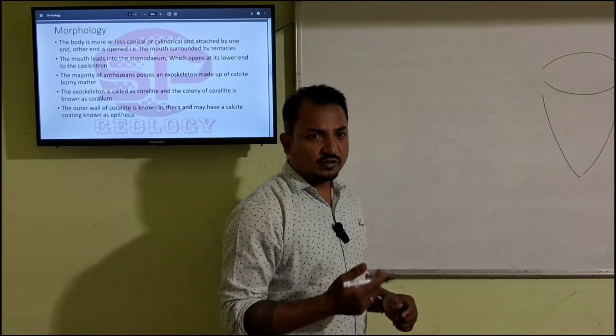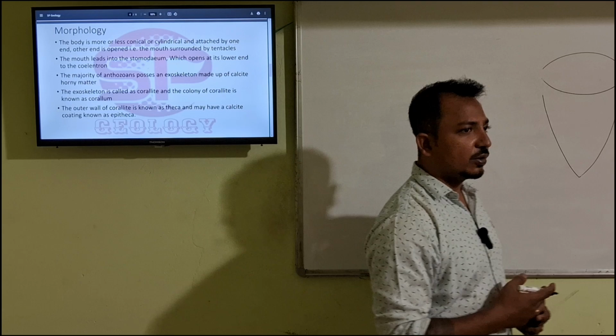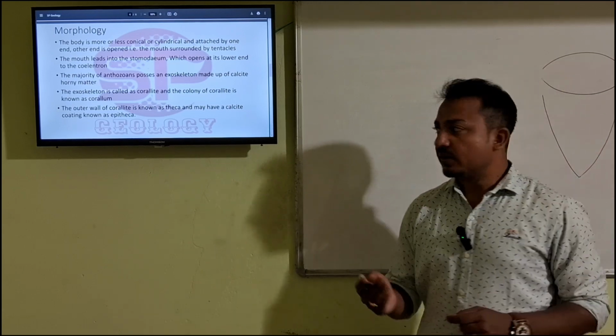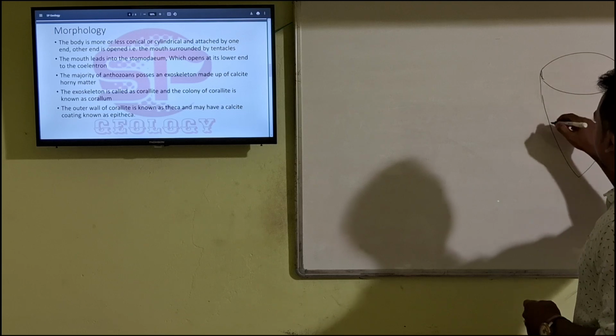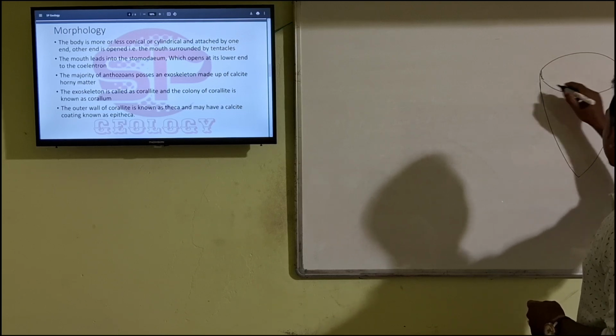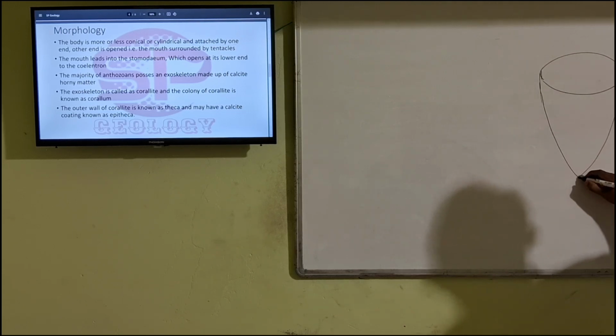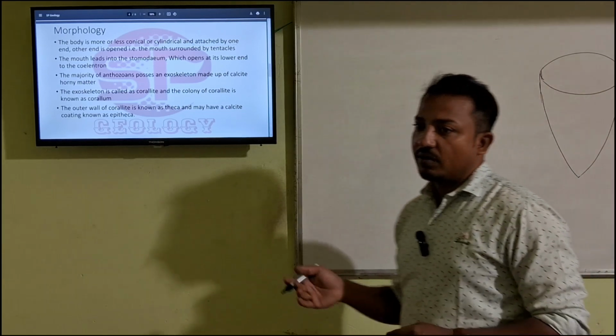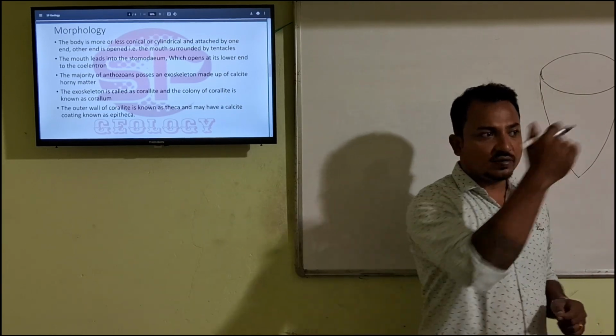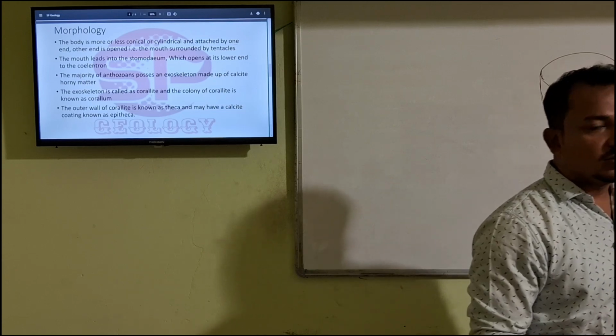Like other organisms, here also you will find one end open. It is like a conical structure like this. You'll find conical or other structures also, but mostly it is conical. One end is attached to any substrate or rock, and one end is open to the water surface.